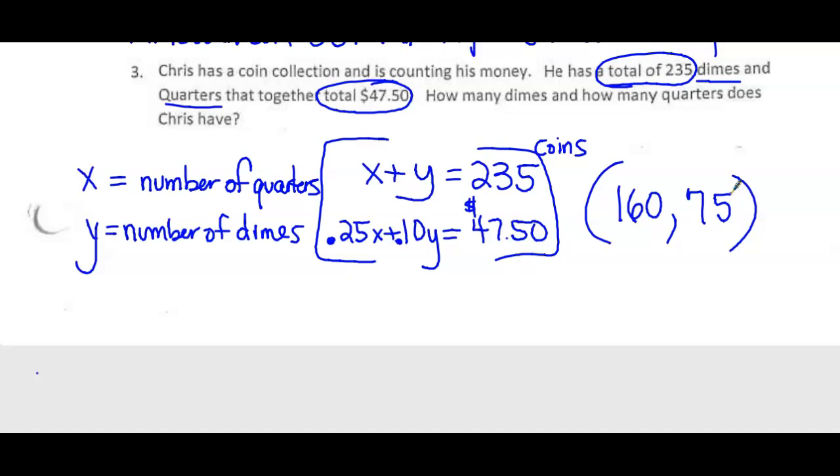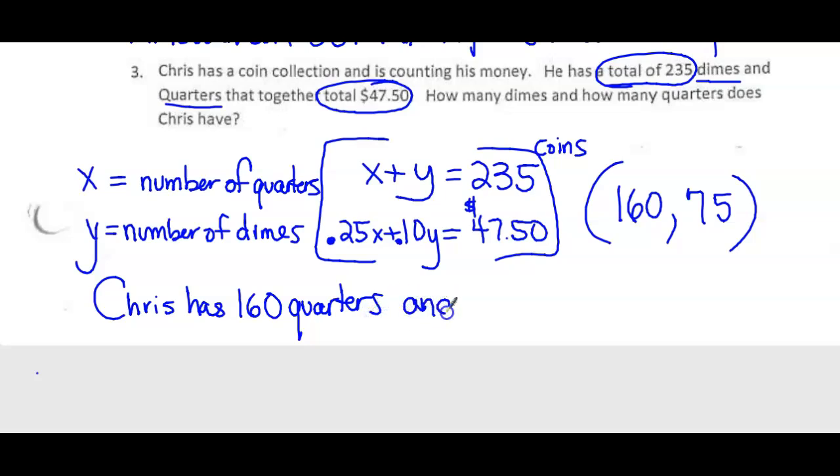And remember, the very last thing you have to do is write a sentence to explain your solution. So this sentence would be, Chris has 160 quarters. Chris has 160 quarters and 75 dimes.